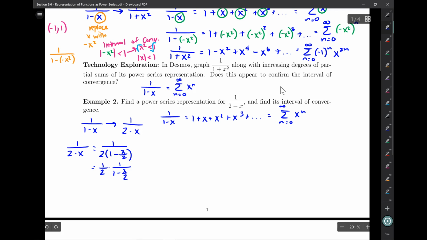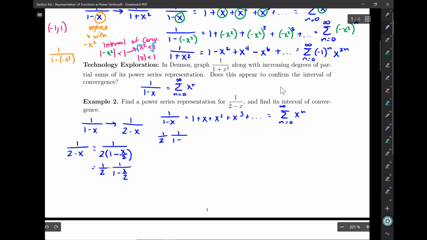Well, let me think about this. I think in this particular case we could probably do it all at the same time, and it doesn't matter the order in which we do these. Like, I can multiply through by 1/2 first, and then replace the x with x over 2, or I could do it in the opposite order. Sometimes it's going to matter the order in which you do something, and we'll see some examples in just a second like that. So I think hopefully we're feeling okay if I were to do this in one single step.